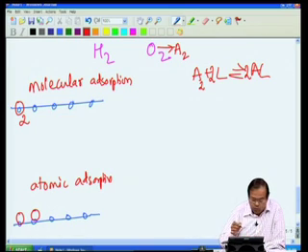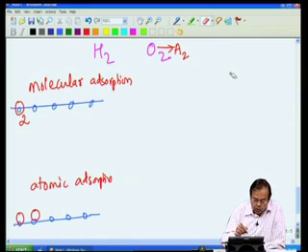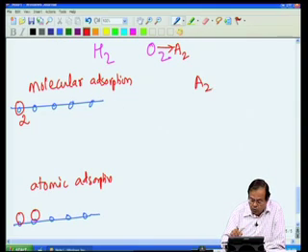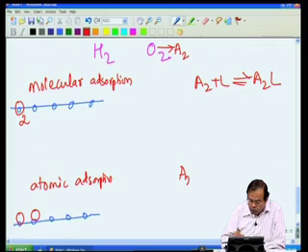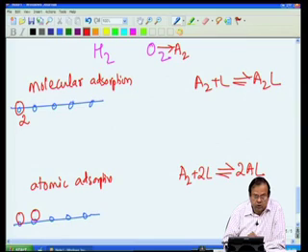Let me rewrite this. I think I should have written it separately. So, for the molecular adsorption, my A2 plus L gives A2L, only a single site. For atomic adsorption, A2 plus 2L gives 2AL. A is my oxygen atom.